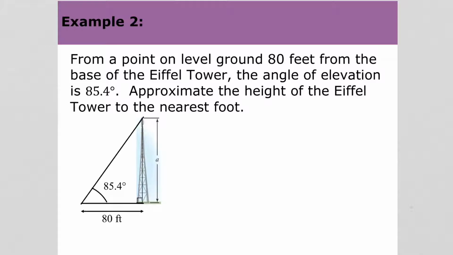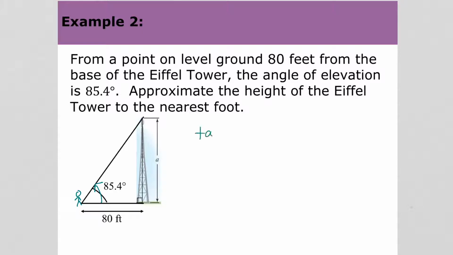So we've already got our picture here. It says the angle from the horizontal looking up to the top of our tower is 85.4 degrees. And this person is standing 80 feet from the base of the tower. And we want to know the height. So we've got a right triangle with an angle. We want to know the opposite side, and we've got the adjacent side.